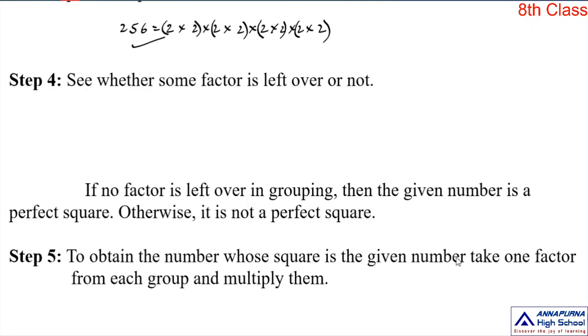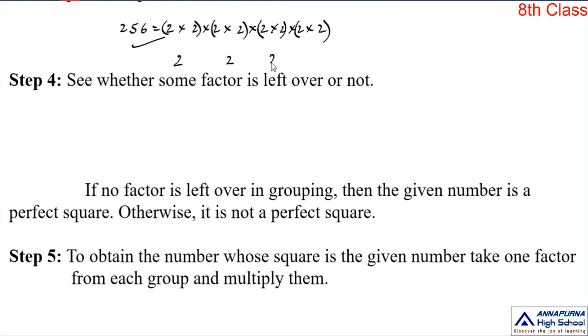To find that, take one factor from each group and multiply them. Here totally how many groups are there? There are 4 groups. Take one factor from each group. From the first group we take one factor, that is 2. From the second group another factor, that is 2.